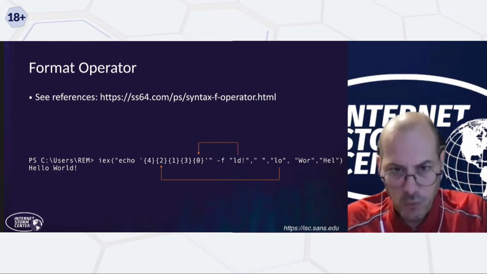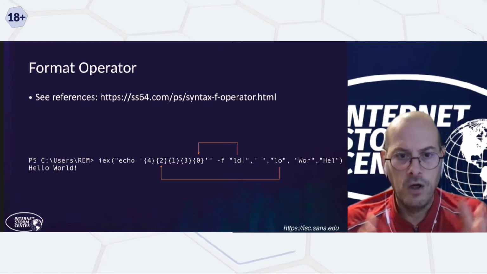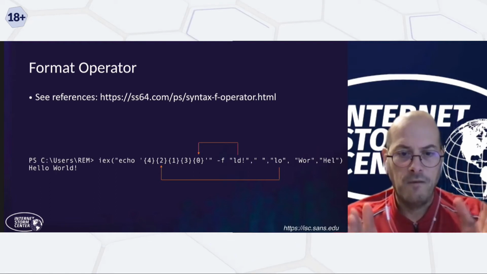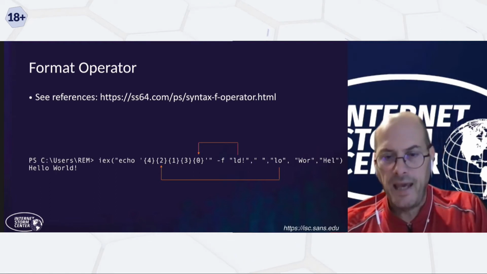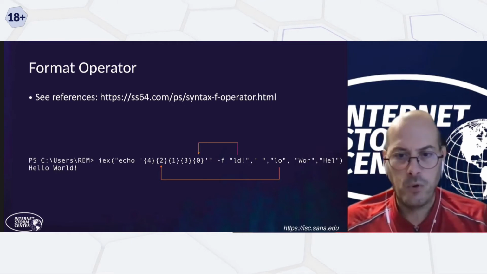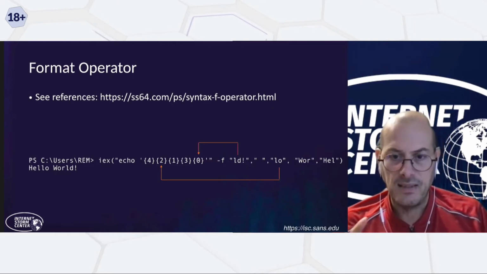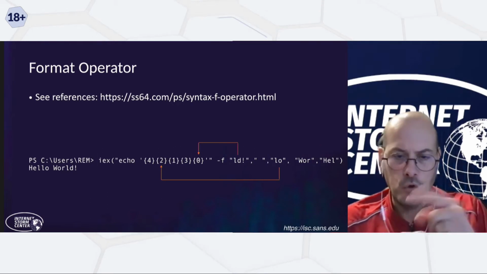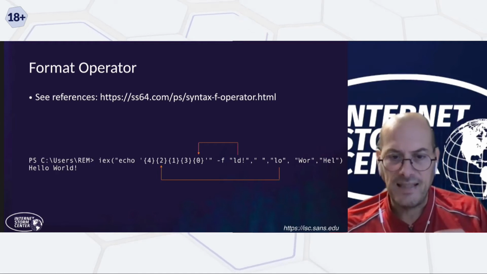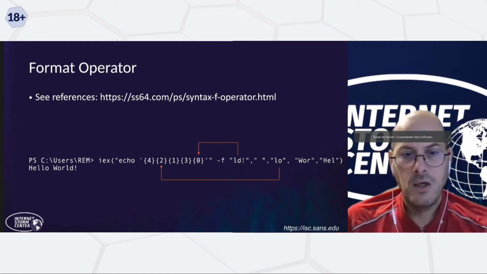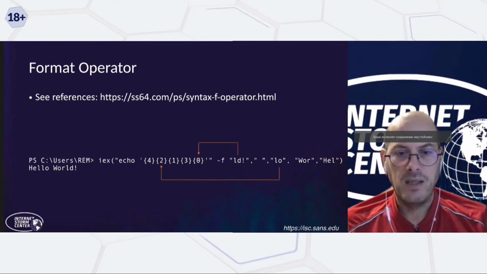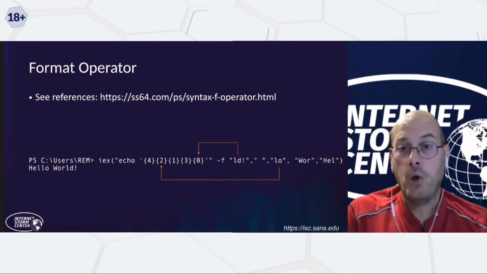So to understand this, I echo the different substrings 4, 2, 1, 3, 0, and when we execute this, PowerShell will replace {0} by LD!, it will replace, for example, {2} by LO, and so on. By doing this, we just rebuild a new string, and the result will be hello world.